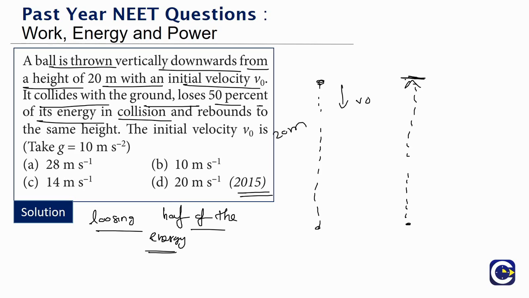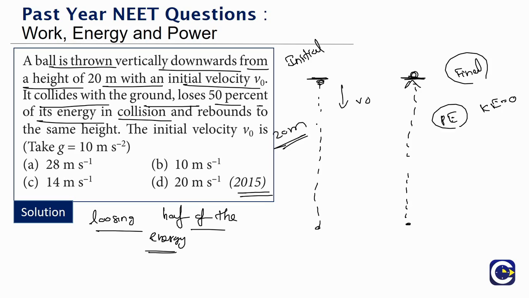Means when it comes to this point, this is like our initial, this is like our final. When it is coming to the final point, it is only having potential energy, there is no kinetic energy. But initially at the time of projection, when you are throwing it down, it has potential energy because it is at a height of 20 meters from the reference. And also it is having a velocity, so it has kinetic energy.